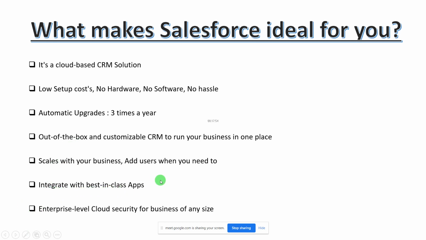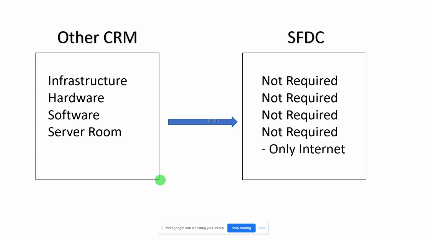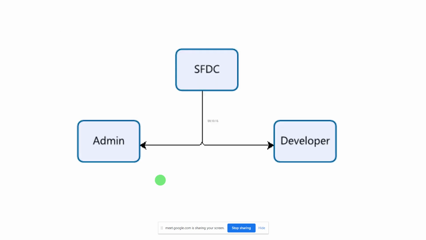Integrate with best-in-class apps, with enterprise-level cloud security for businesses of any size. For other CRMs, they need to have infrastructure, hardware, software, and a server room, etc. But with SFDC, if you have internet, you can use Salesforce services.